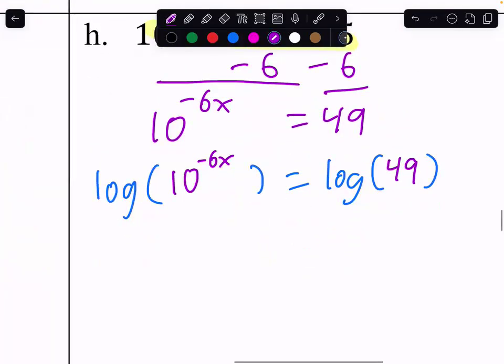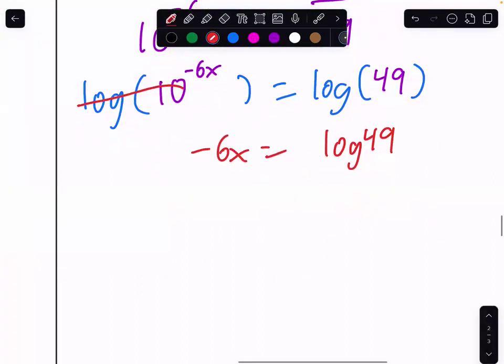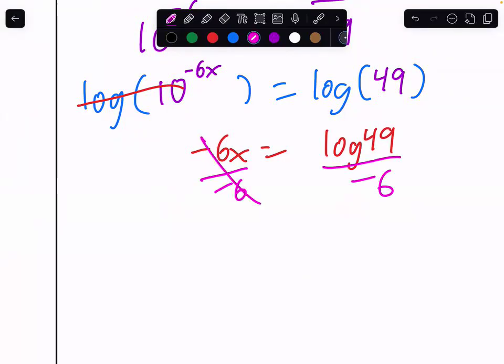Log of 10 cancels out, leaving the -6x behind. The other side does not cancel out, so just leave it. And then -6x is -6 times x, so we can divide both sides by -6.